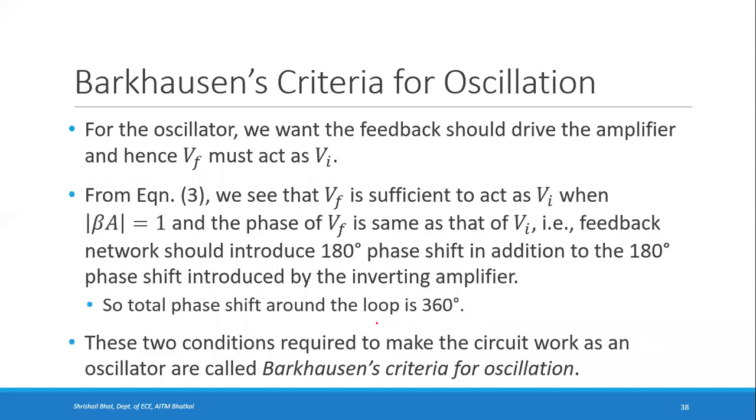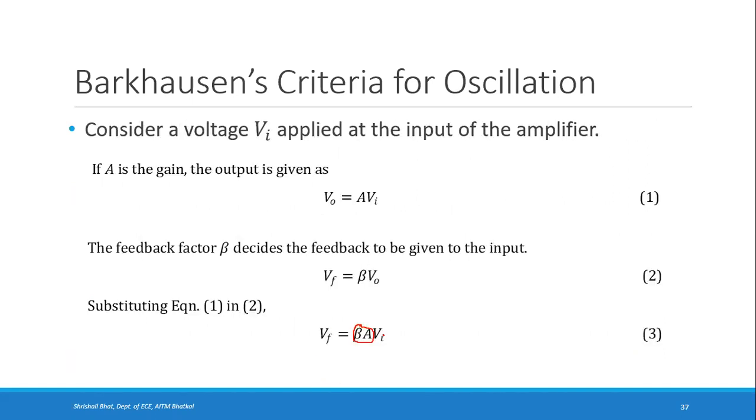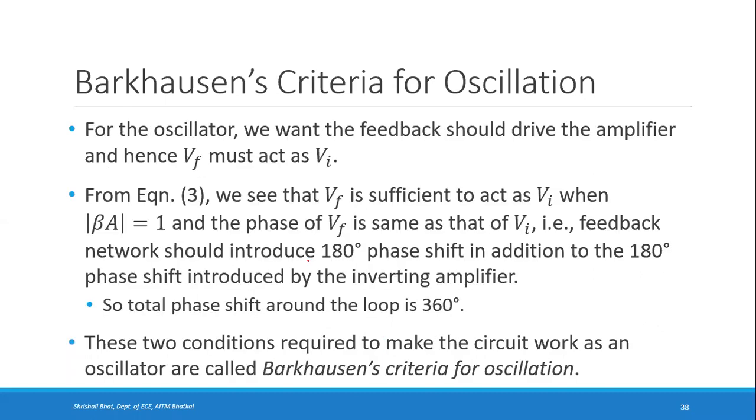Okay, for an oscillator, we want the feedback to drive the amplifier, and hence Vf must act as Vi. So the feedback voltage is given as the input voltage. We see that Vf is sufficient to act as Vi when the magnitude of beta A is equal to 1, and the phase of Vf is the same as Vi. That means the phase of Vf can be equal to Vi only when the feedback network introduces another 180-degree phase shift in addition to the 180-degree phase shift introduced by the inverting amplifier.